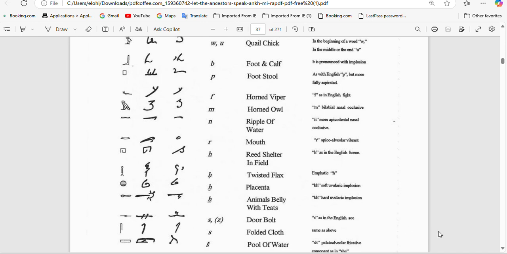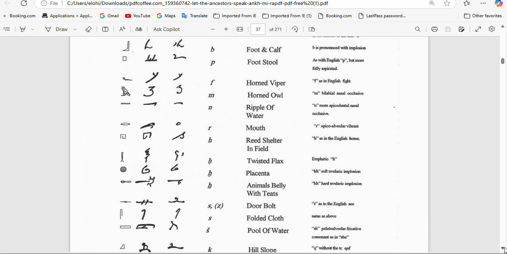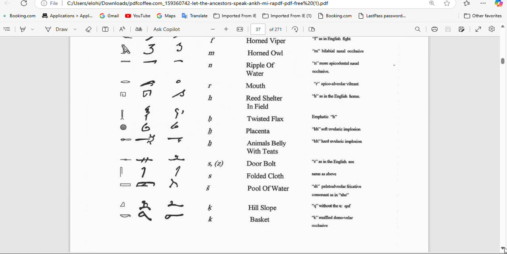Then we have the doorbolt, which is S as in C. Then you have the folded cloth, which is an S, same as above. Then we have a pool of water, which is sh, as in she. Then you have a K in the scripts. It's a hill slope.